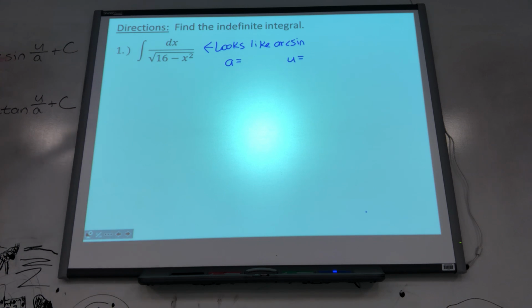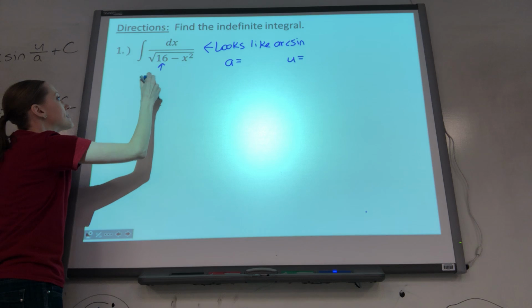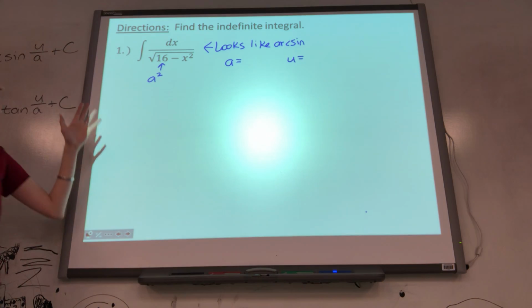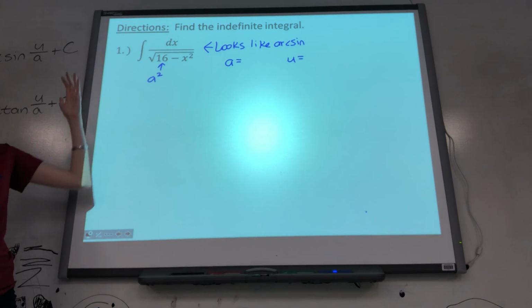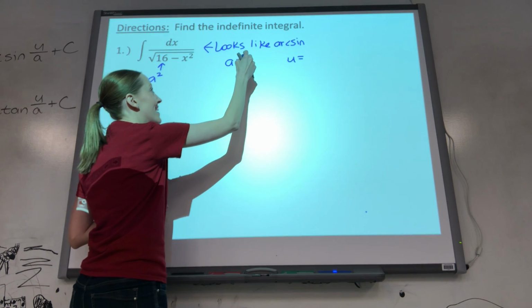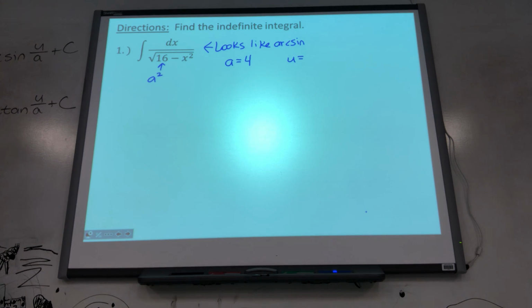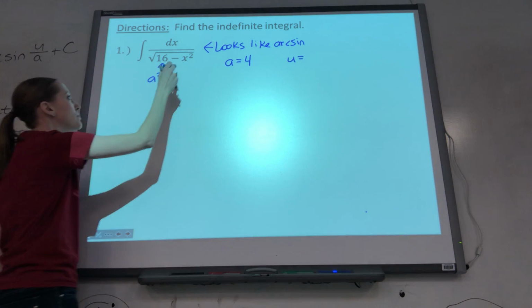Matching that up to this, the first part under your square root is A squared. So if A squared is 16, what is A? 4. It's what you squared to get that 16. A squared was 16, so A has to be 4.